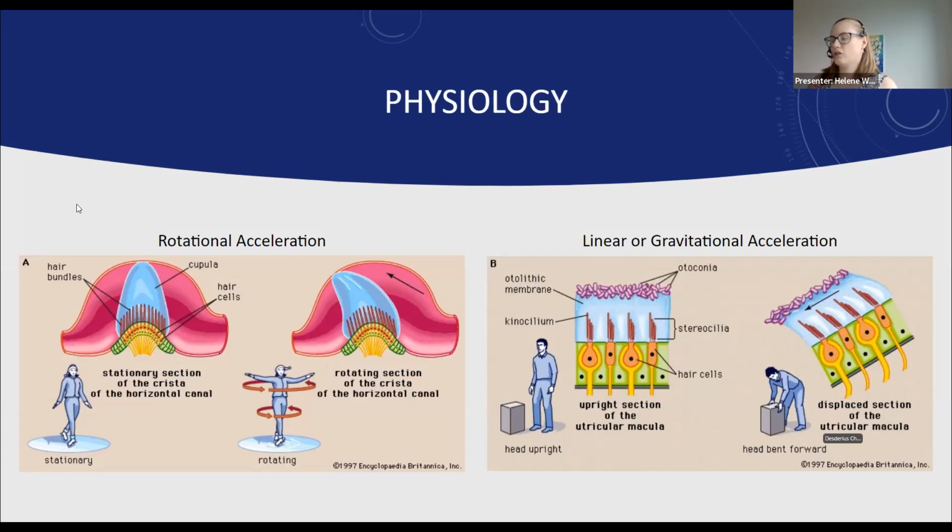You've got the utricle and the saccule, being horizontal and vertical, to give us those different types of movements. They function in a slightly different way. They've got the otoconia on top, and when we bend forward, for example, gravity causes the movement of that otoconia, and that's what displaces the hair cells to give us an indication that we've bent forward and changed position.